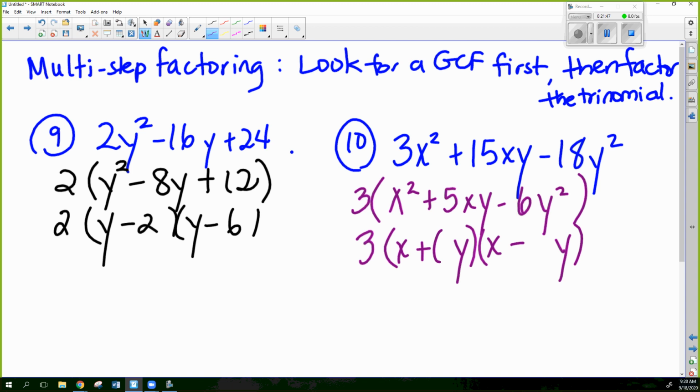The 6. Do I have to write the 1 here? No, because the y is there. But if the y was not there, I'd absolutely have to write the 1. Now, I just want to show you that the middle takes care of itself, because if I were to FOIL, you can always check yourself. These 2 would give me 6xy, and these 2 would give me -1xy. And when I add them, I would get 5xy. Questions?